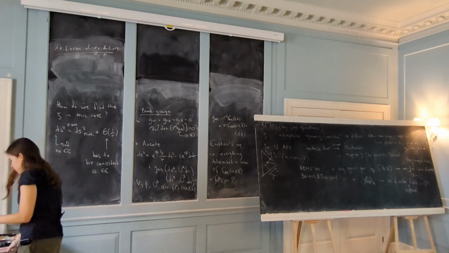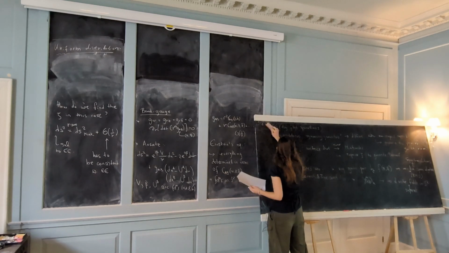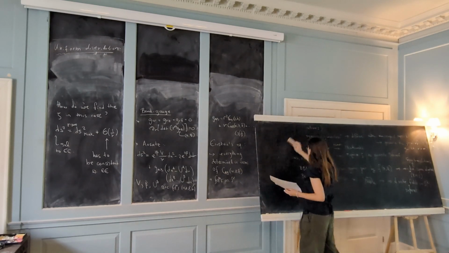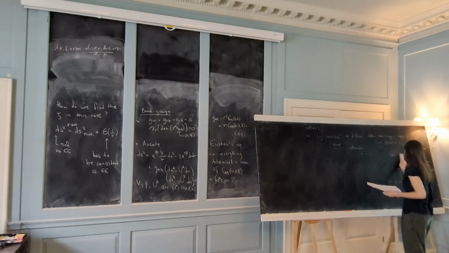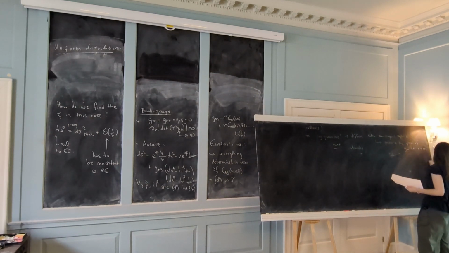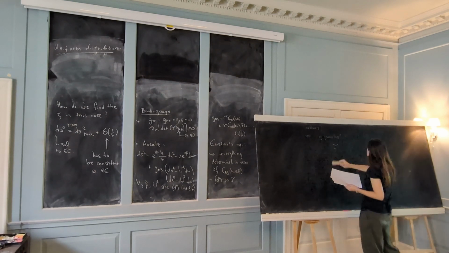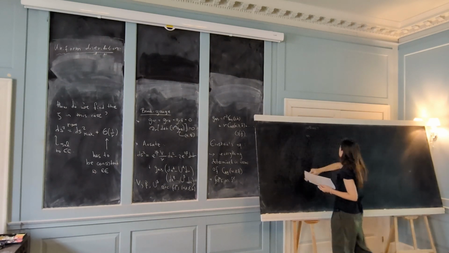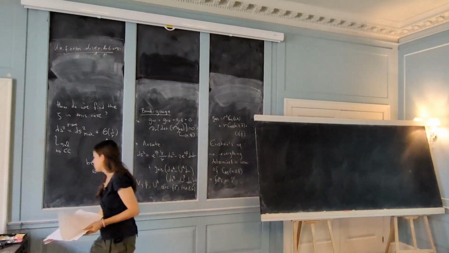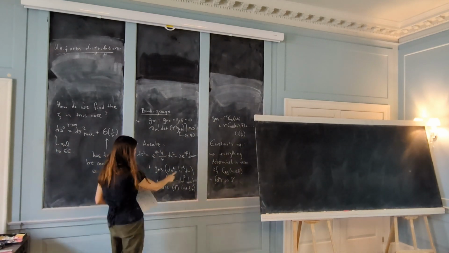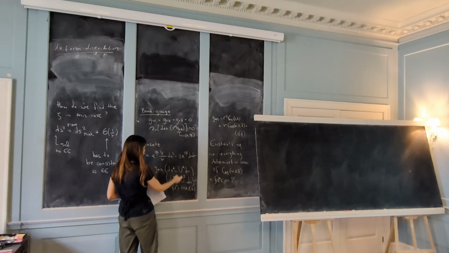So for example, this beta turns out to just be proportional to C_AB times C^AB, so that's just entirely given by C_AB.